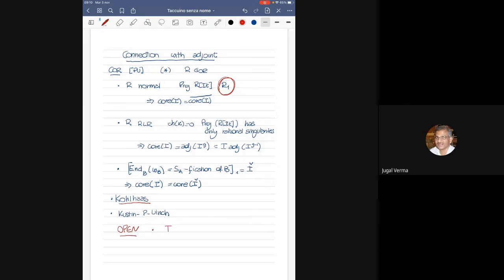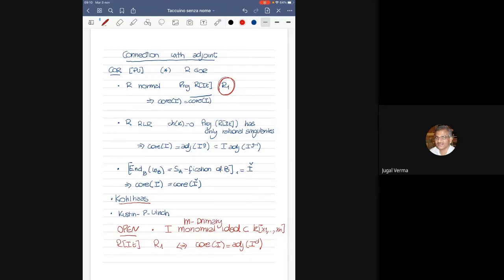You have I a monomial ideal inside the polynomial ring in n variables, and then you could ask: is R1 a property of the Rees ring if and only if the core of I is the adjoint of I^d, for a primary ideal, zero-dimensional?